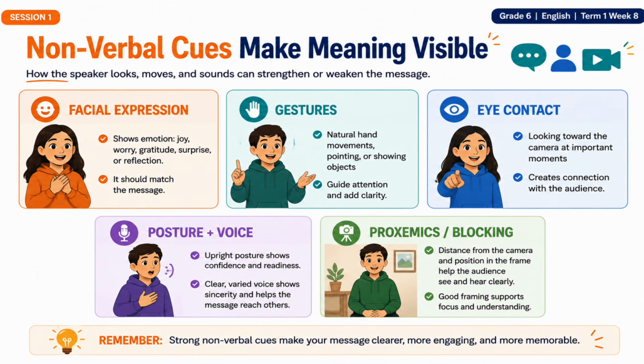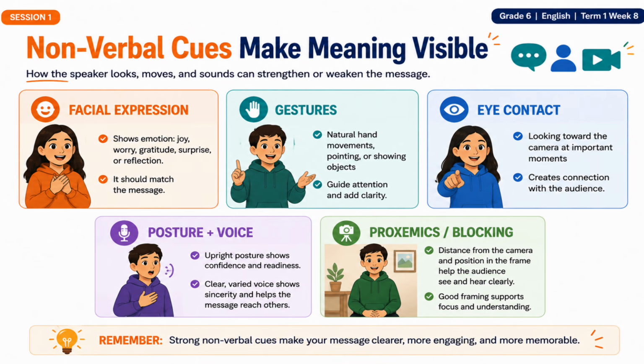Good framing helps the audience see and hear the speaker clearly. Think about this. 2 people can say exactly the same words, but their facial expressions, gestures, voice, and posture can make the message feel completely different. That is why strong nonverbal cues can make a message clearer, more engaging, and more memorable.